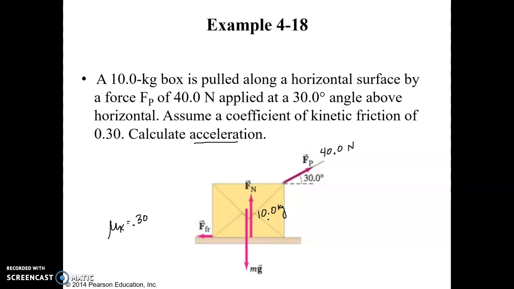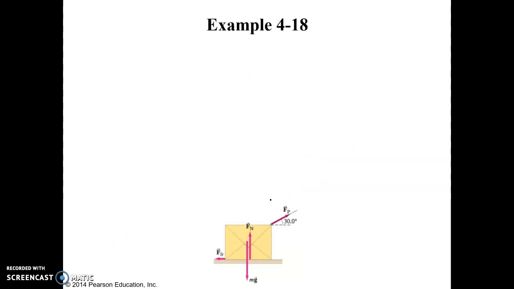Earlier, when we didn't consider friction, we just said, okay, these two forces cancel each other out, so we don't have to worry about them. Well, in this case, we do need to worry about them because we need to know what the normal force is, because the normal force is going to affect what the friction force is. So I'm going to advance a slide here.